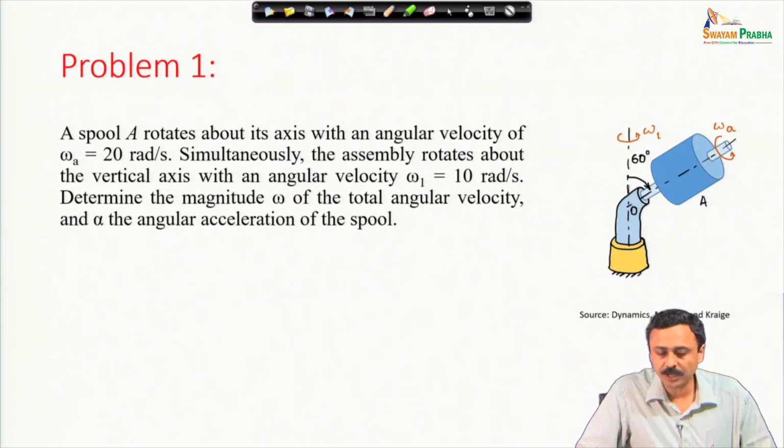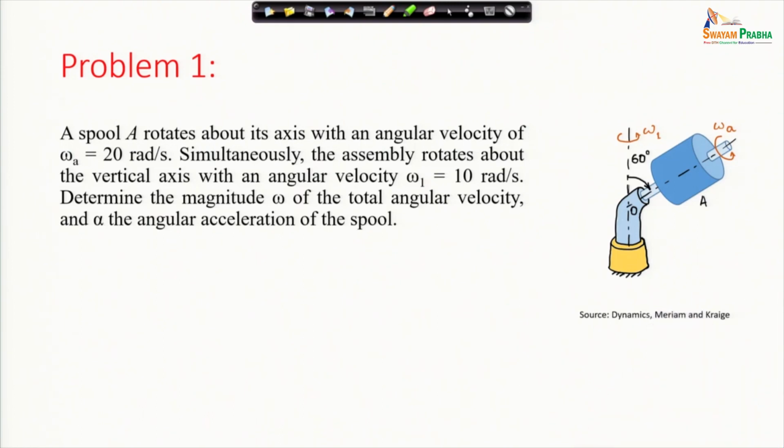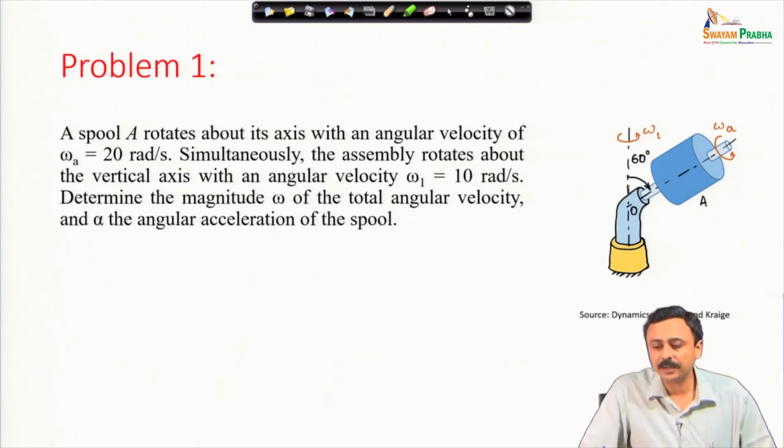Determine the magnitude omega of the total angular velocity and alpha, the angular acceleration of the spool. Now, this system is an example of our prototype system, and this spool can be considered to be rotating about that point O.